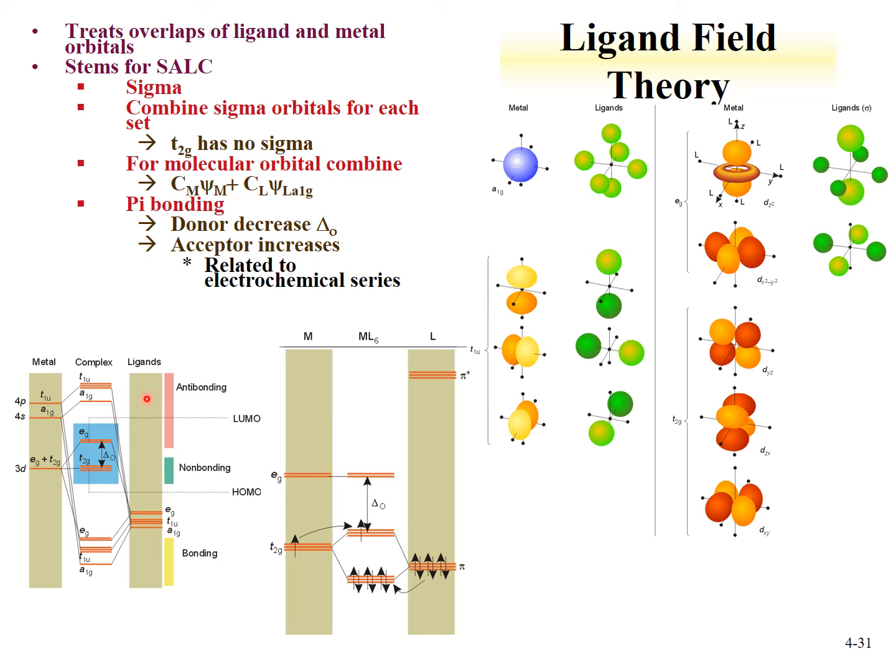And here's a detail of a molecular orbital that's described from this ligand field theory, where we have sigma and eg, t2g orbitals, along with the crystal field splitting parameters, and whether or not these are bonding, non-bonding, or anti-bonding orbitals.